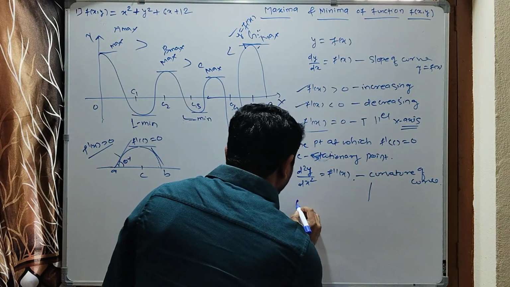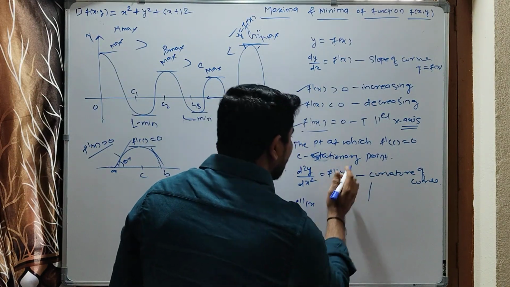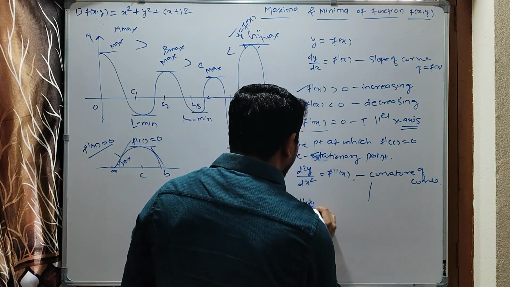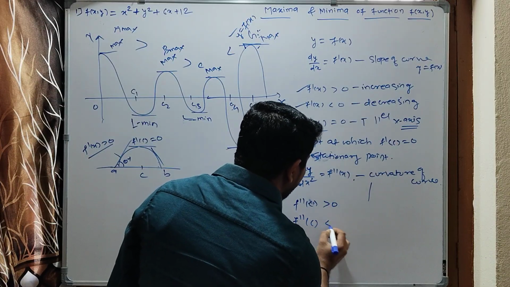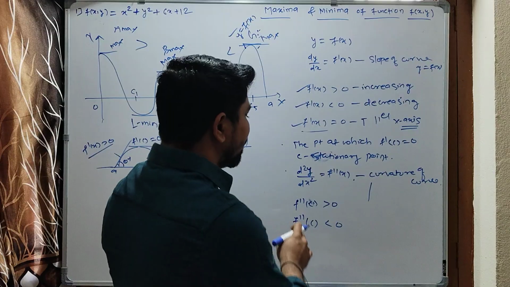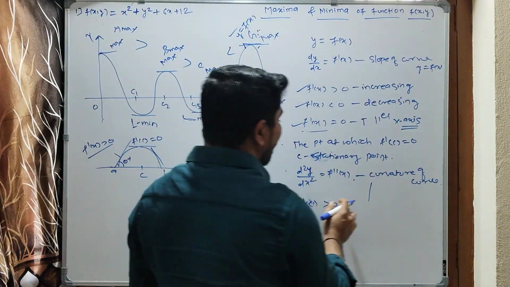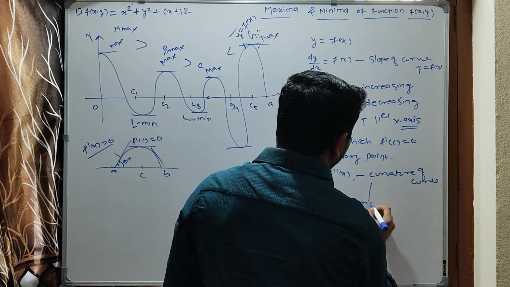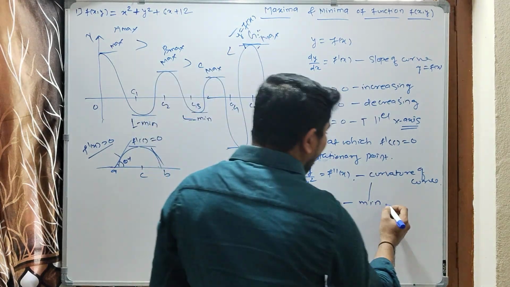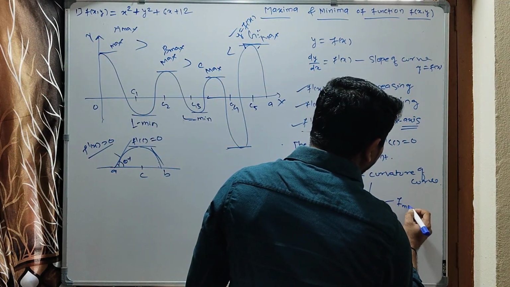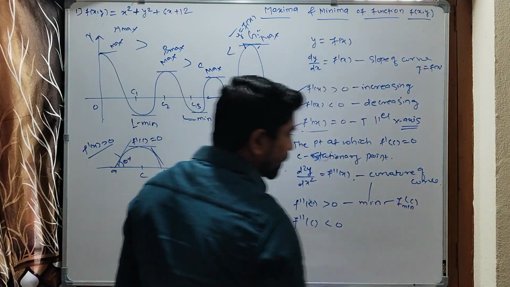Now here let's say at this critical point, f double dash at c is greater than 0, or f double dash at c is less than 0. If f double dash at c is greater than 0, at that time your function has minima, with minimum value at this point.